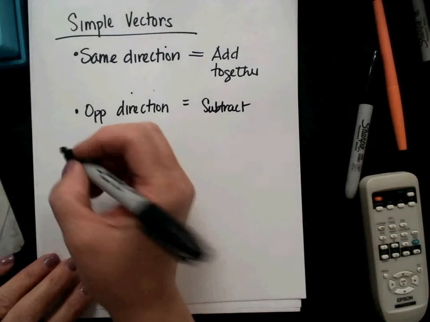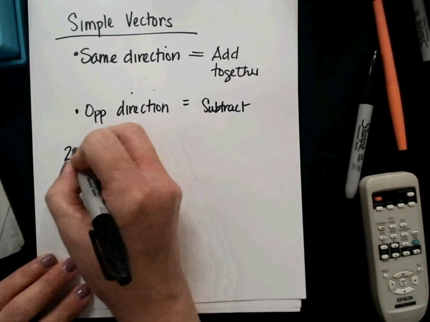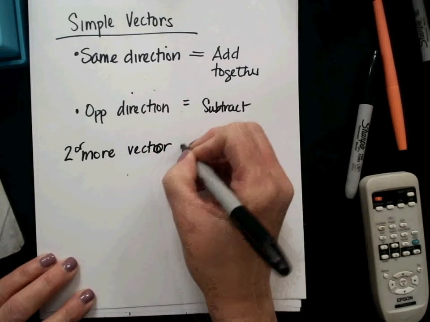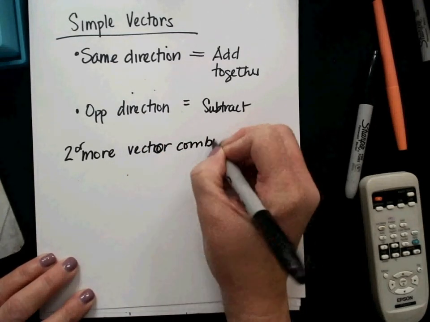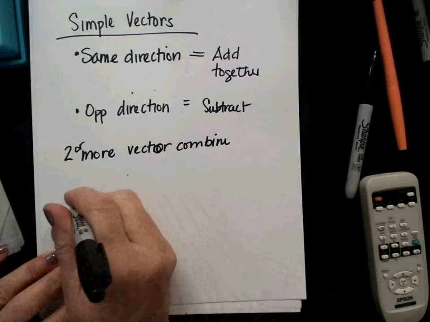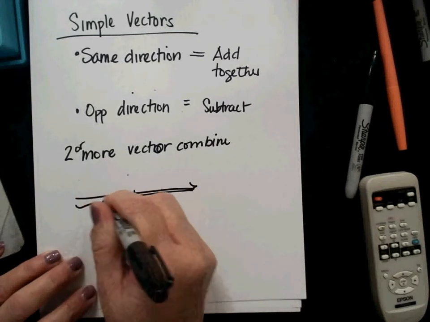When I have 2 or more vectors and I combine them, do you remember what that final displacement with its direction was called? Like when I had one going this way and then it turned back this way and we had this part that was left over, how did we label that?